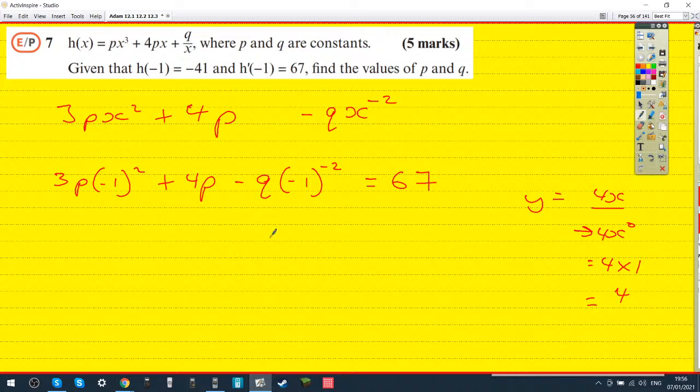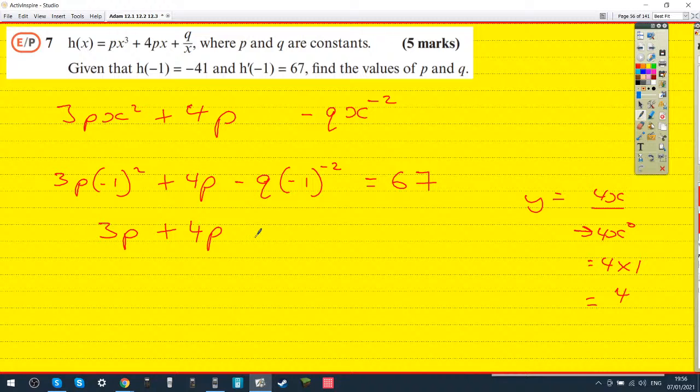Let's try simplifying this. So could you do minus 1 squared? Yep. Which would be 1. So just stay as 3p. Yeah. So it'd be 3p plus 4p minus q.